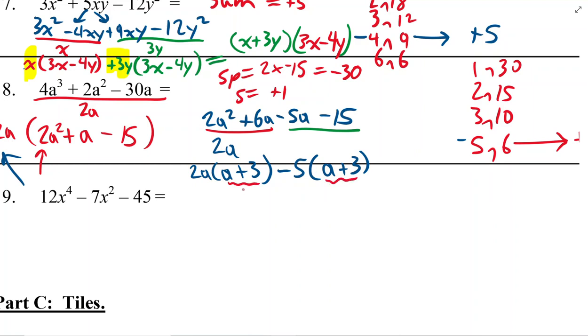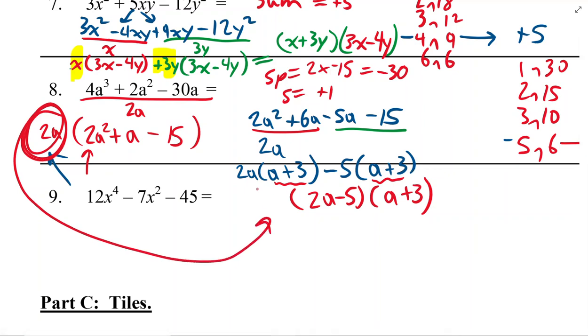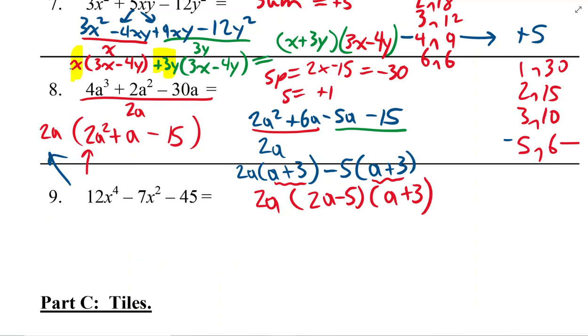So working backwards, 2a minus 5, a plus 3, but that's not a full mark. What did Mr. Barker forget? Yeah, I forgot my 2a factor. Okay, the GCF from the beginning, it's got to go there. How many factors altogether then? 3. Okay, we got 1, 2, 3.